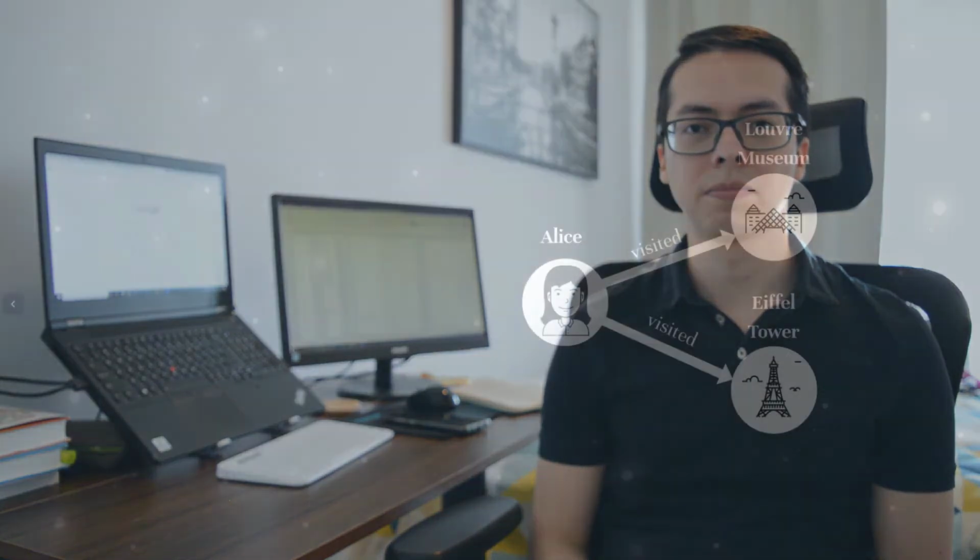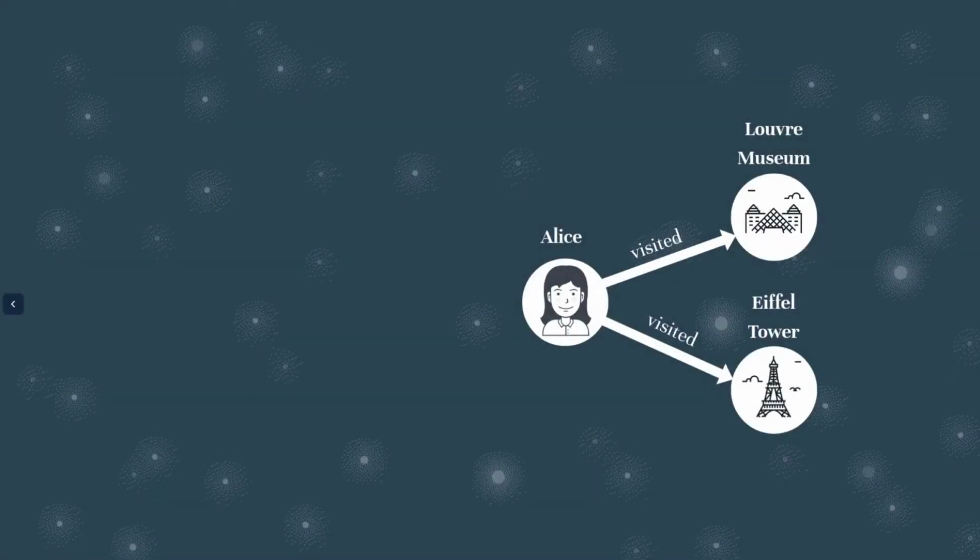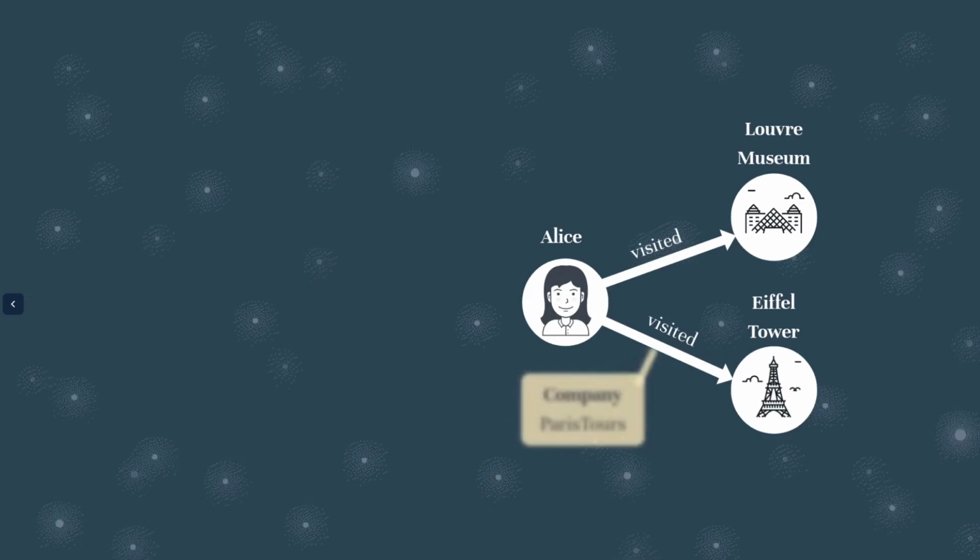In spite of their flexibility, we can make knowledge graphs more expressive by adding extra information to facts. For instance, statements that describe places that Alice visited can be made more precise by specifying if they were done via a certain company. For example, we can specify that Alice visited the Eiffel Tower via the Paris Tours company.